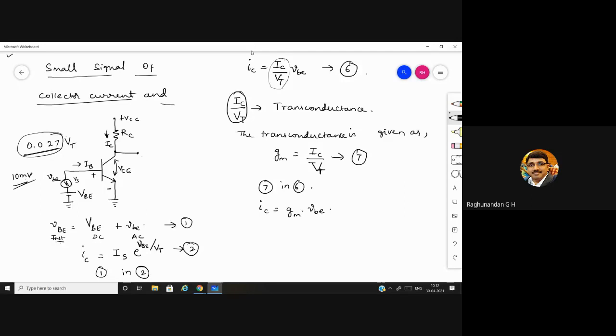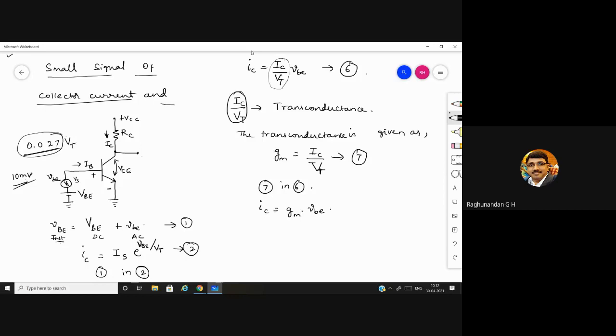If the collector current increases, the transconductance keeps increasing. And we are considering the DC collector current, because if your Q point is at a good level, then obviously the conductivity will increase and the output current will also increase. That is the meaning of this.